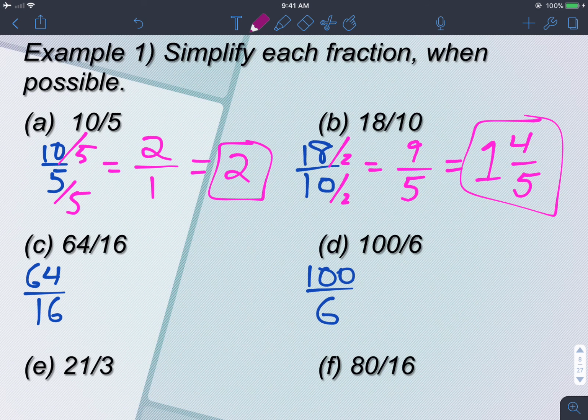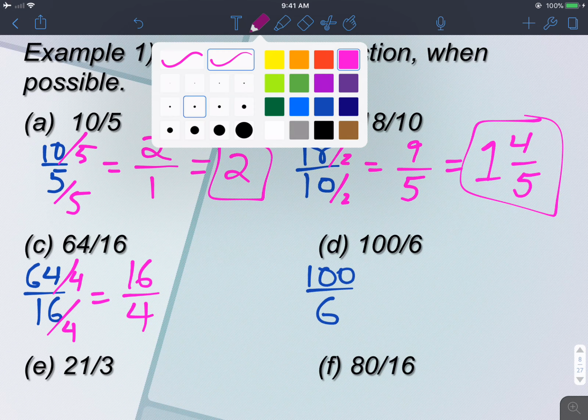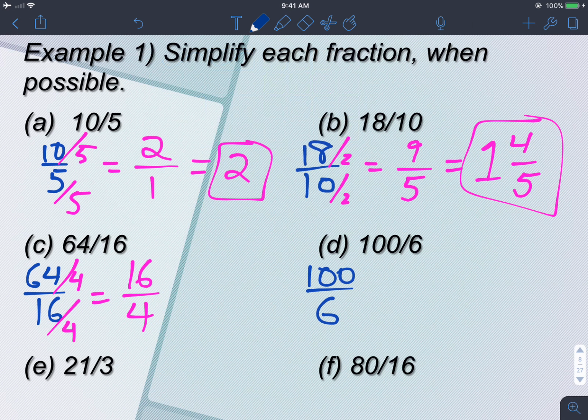Common factor of 64 and 16. 4 goes into it, sure. Can we go further? And then 2, how about that? 16 divided by 2, 4 divided by 2.